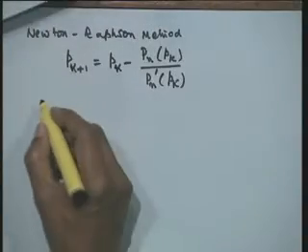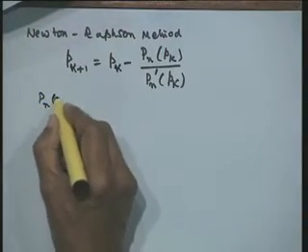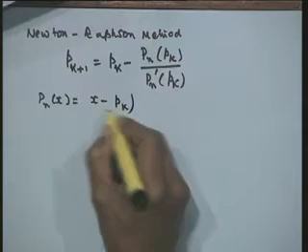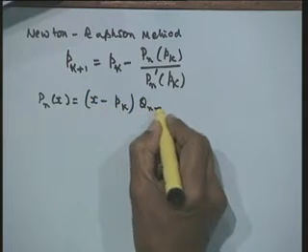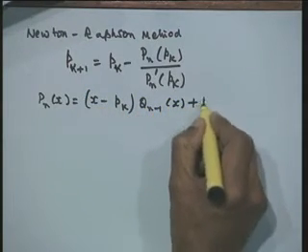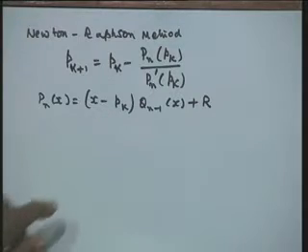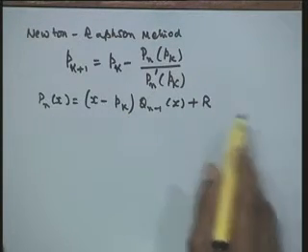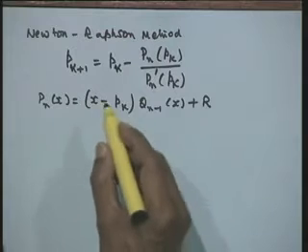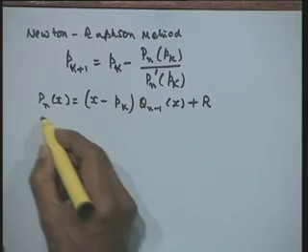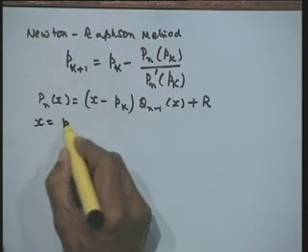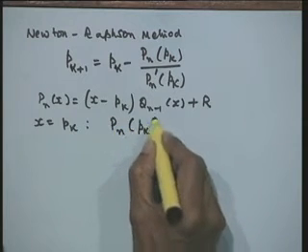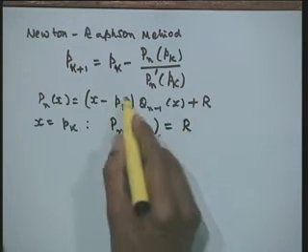So, let us write down again what we have here: Pn(x) is x minus p times q_{n-1}(x) plus r. As the initial approximation changes, this is what the equation looks like. Now, when I substitute x equal to pk here, I get Pn of pk is equal to r, since this term cancels.